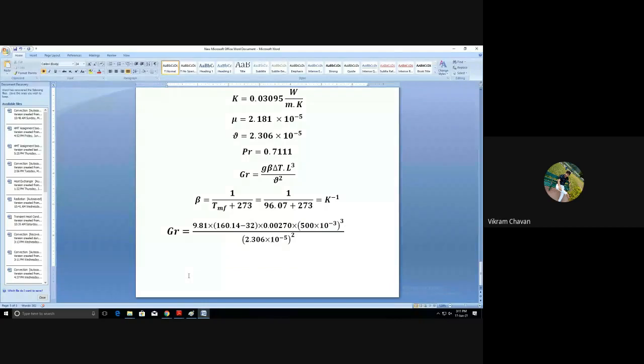You can do the calculation for the Grashoff's number and tell me the Grashoff's number value.